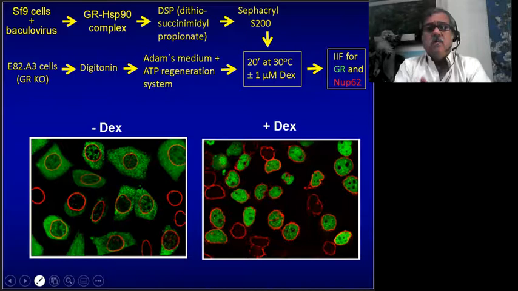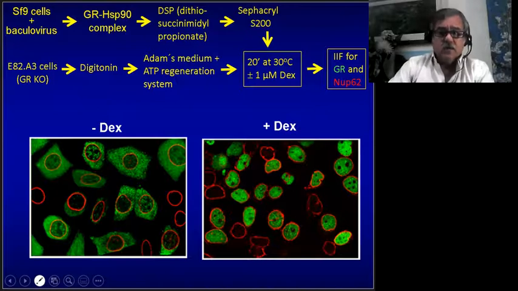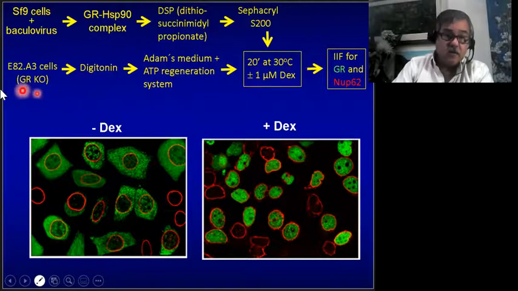Is the heterocomplex disassembled when GR reaches the nuclear pore? To answer this, GR was produced in SF9 cells infected with baculovirus. The endogenous complex was cross-linked with DSP, and this cross-linked complex was offered to E82 cells, which are GR negative knockout cells, permeabilized with digitonin.